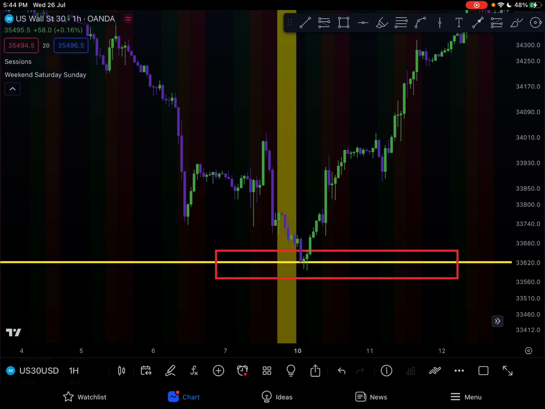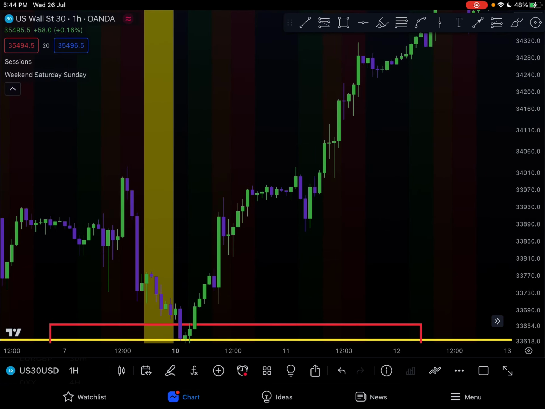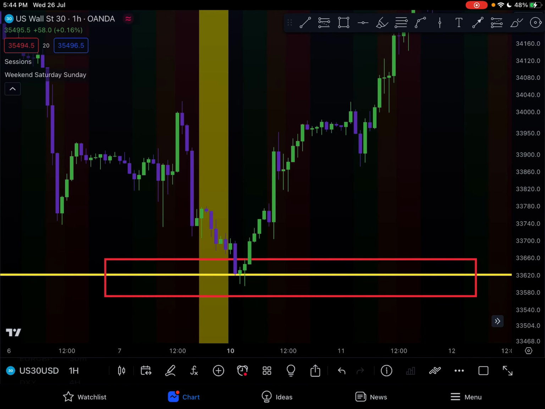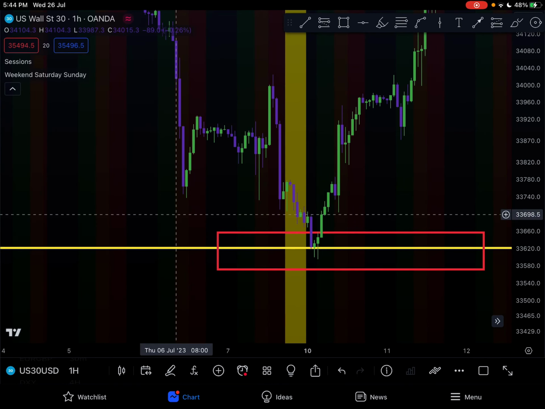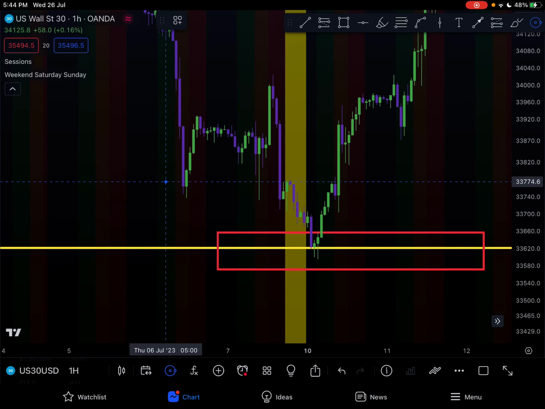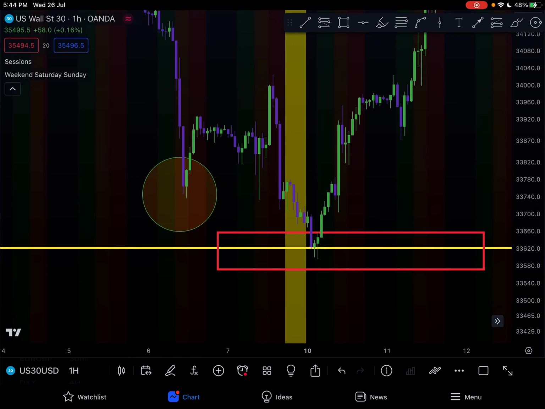Now, notice how the easier ones I've shown you so far are not insignificant lows or highs. What do I mean by that? What we talked about before: previous day, previous week, previous sessions.